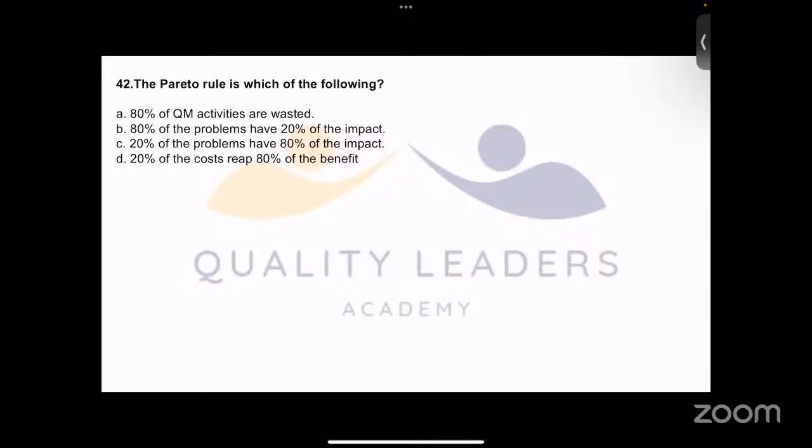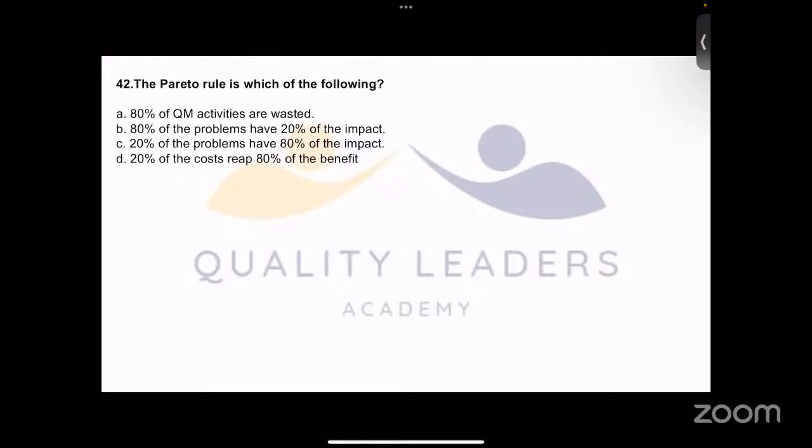When we say 80% of the quality management activities are wasted, it means 80% of activity comes from 20% of resources. Okay, for letter C, this means that 20% of causes have 80% of the effects. Okay, for letter D, 20% of causes have 80% of the effects. So what's the answer here?